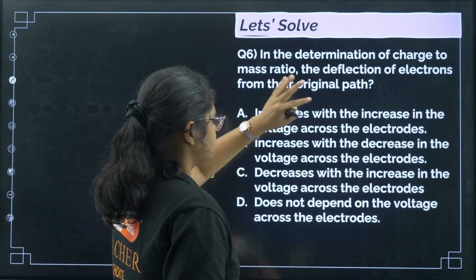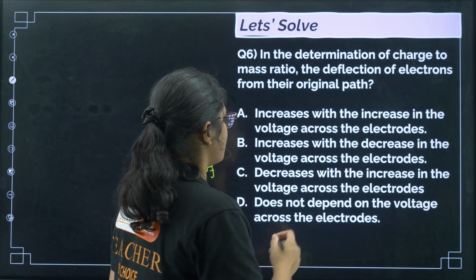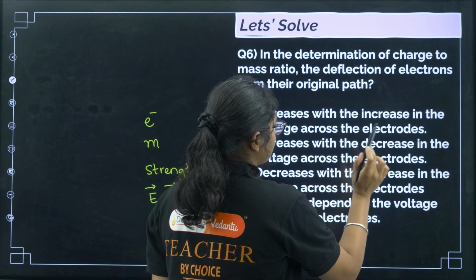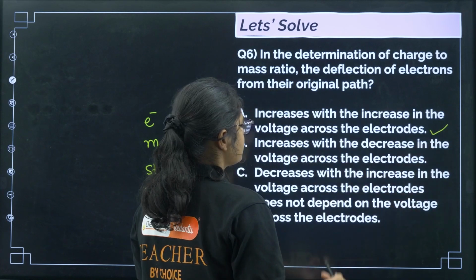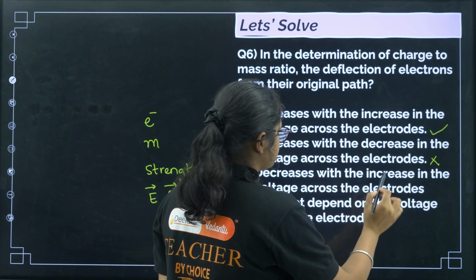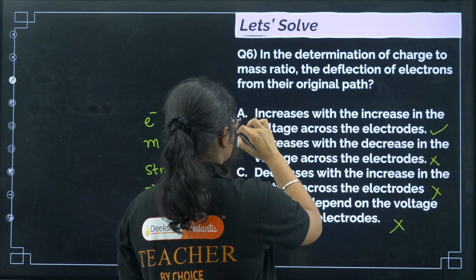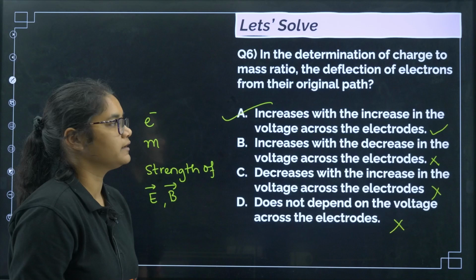So the deflection of electrons from their original path increases with the increase in the voltage across the electrodes. Yes. Increases with the decrease in the voltage? No. Decreases with the increase in the voltage? No. Does not depend on the voltage? No. So option number A is the correct answer here.